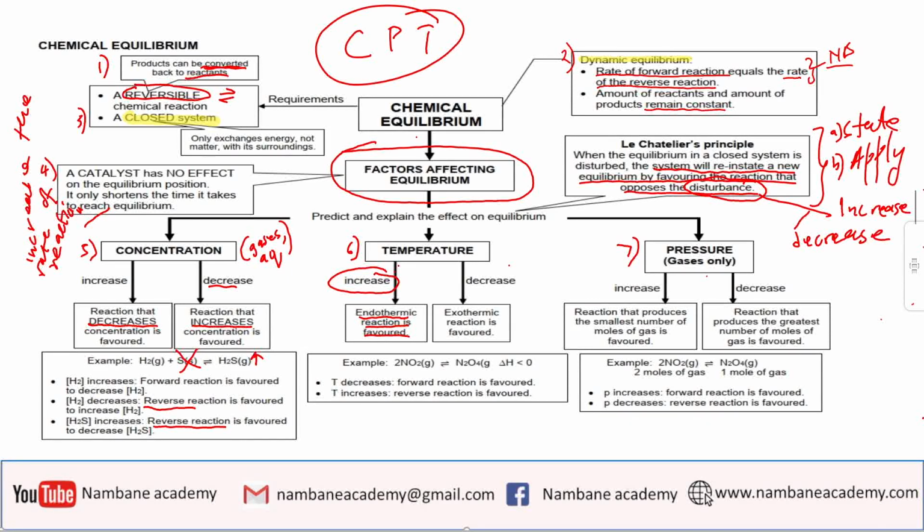I have included a slide as to how can one now know, or the hint that examiners can give, or different ways of understanding or picking up if we are told that now the reaction is endothermic or the reaction is exothermic.